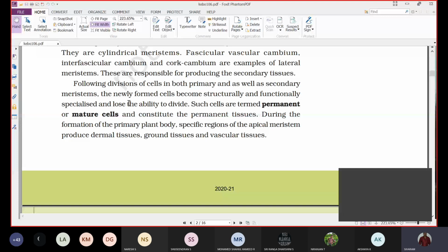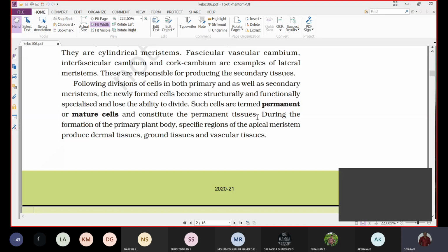One thing you have to remember here very clearly. We are talking about the shoot apical meristem now. The cells that are present in the shoot apical meristem will always remain constant.